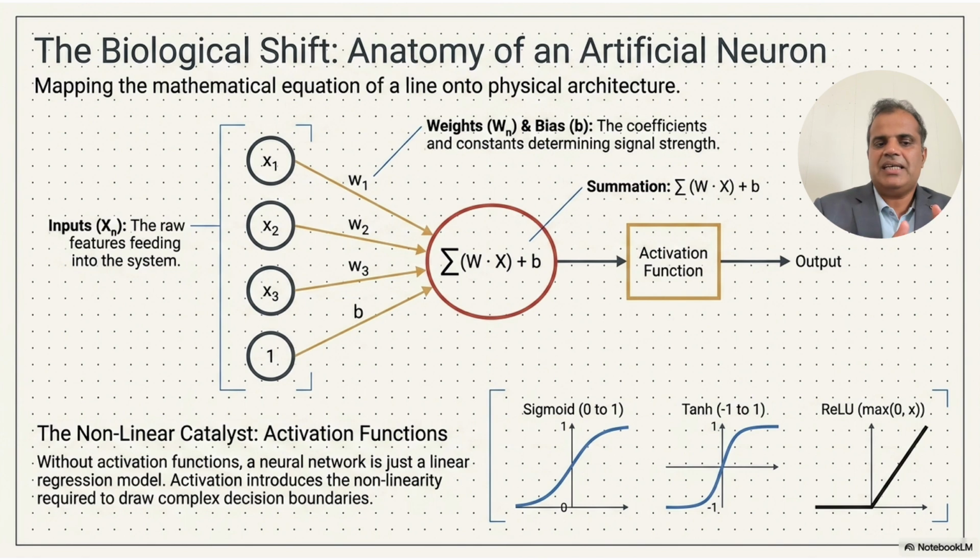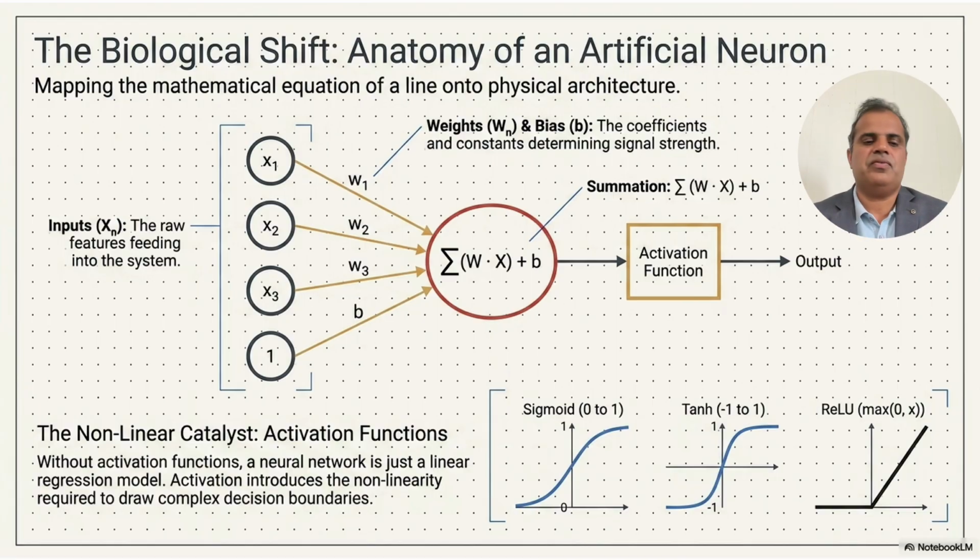Each input is multiplied by a corresponding weight w, which acts as a coefficient determining signal strength. These are pulled into a central node along with the bias b, creating a linear summation of w dot x plus b. The real magic happens at the next stage, the activation function.